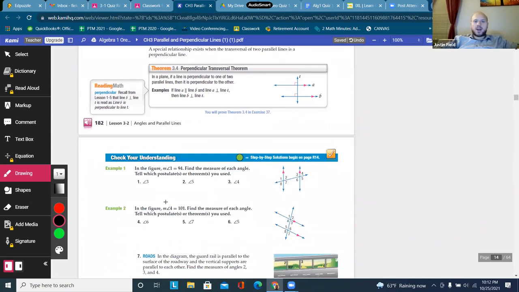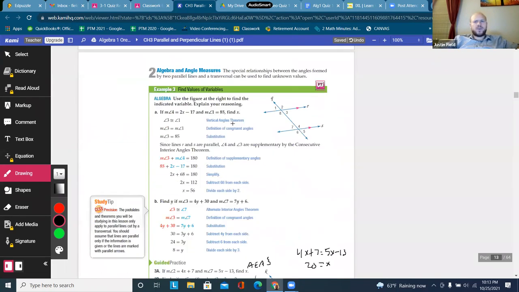Okay. I am going to go ahead and just keep going, and this is going to give you the green sections for 3-2 and 3-3. But don't forget the perpendicular transversal theorem. If this transversal is perpendicular to one of the parallel lines, it's also perpendicular to the other parallel line.